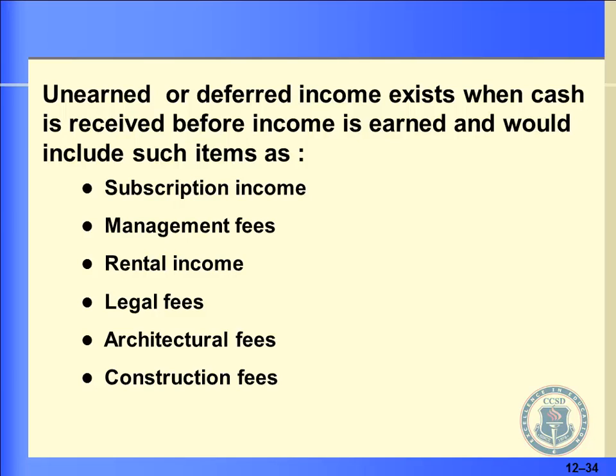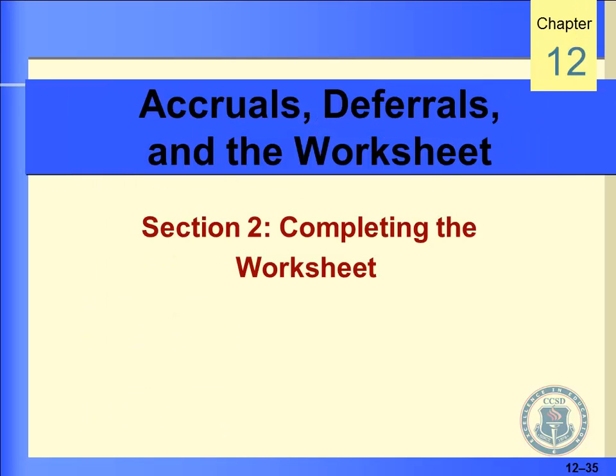And then advertising income. If you ever pay for a Yellow Pages ad, it's a 12-month thing, and they bill you every month for that ad. They don't just charge you one big lump sum. That would be another prepaid or deferred income.